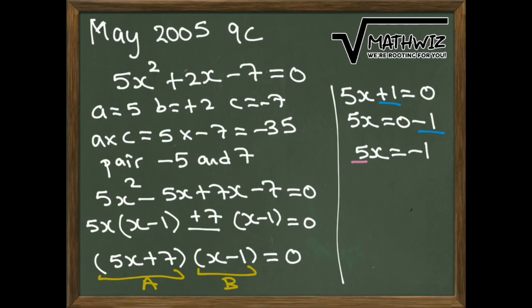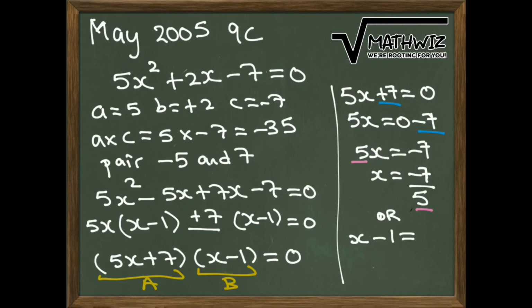Then the 5, which is multiplied, when we take it across, this is 5x plus 7. Right? So it should be minus 7. My apologies. Right? So when you take it across, you will divide.